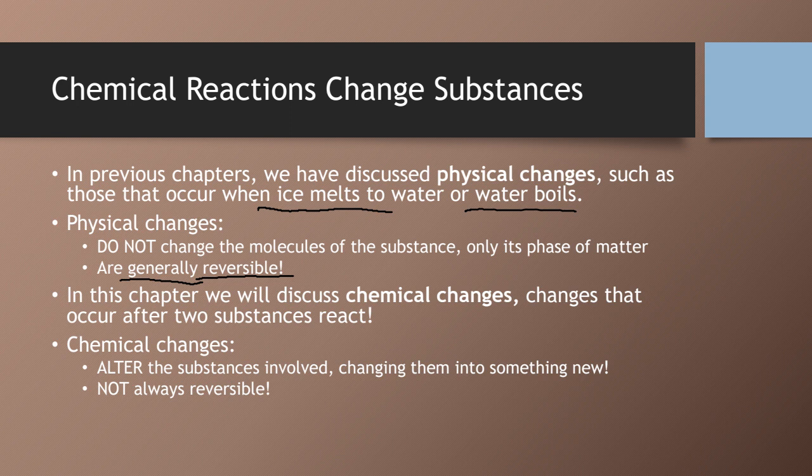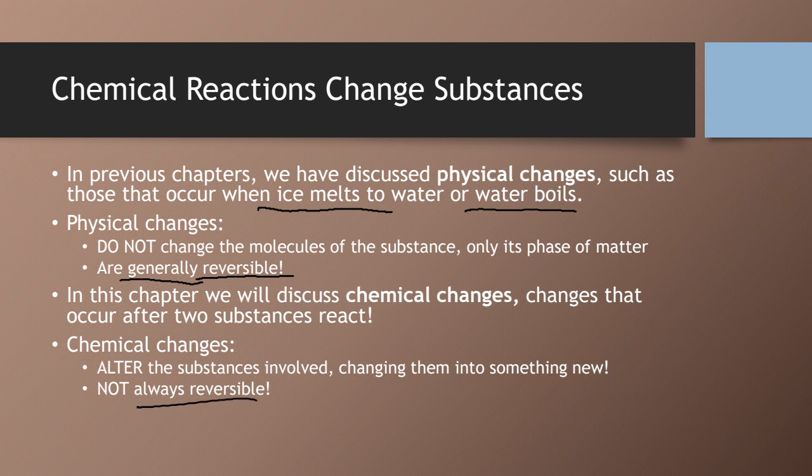In this chapter, we're going to discuss chemical changes. And chemical changes occur after two different substances react with one another. Here, the chemicals themselves, the molecules actually change. They become something different. They become something new. These chemical changes are not always reversible.